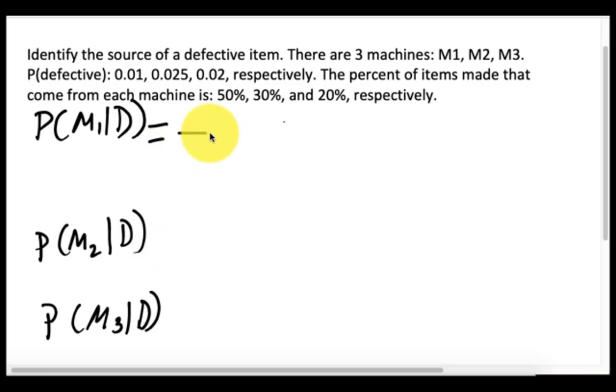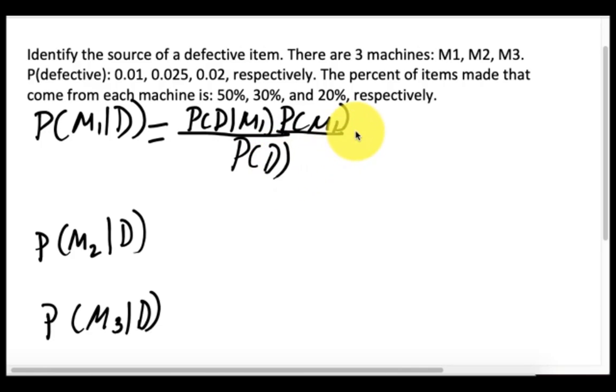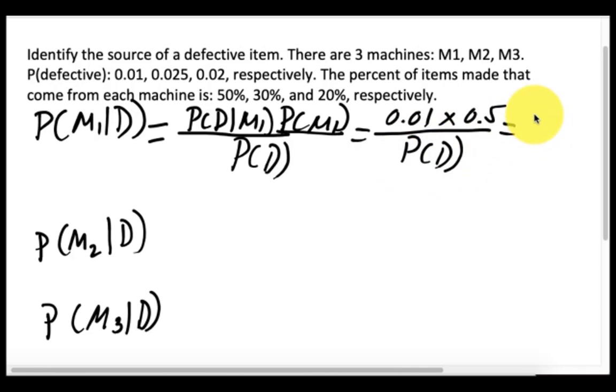For the first term, I get the probability of D given M1 times the probability of M1, divided by the probability of D. And that would be, for D given M1, you get 0.01 times 0.5 divided by the probability of D. So you get 0.005.